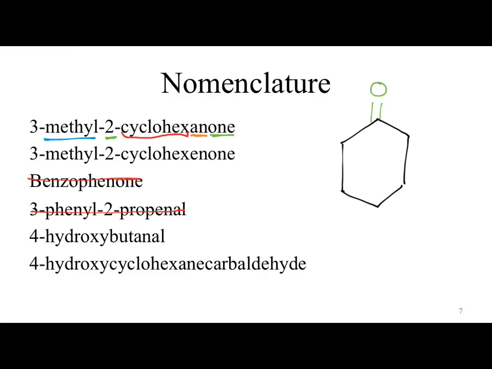We've got a methyl located at position 3. Ignore the 2. Let's just cross that out. We'll talk about why it's an issue in a second, or where it's coming from ultimately. Where's position 3?